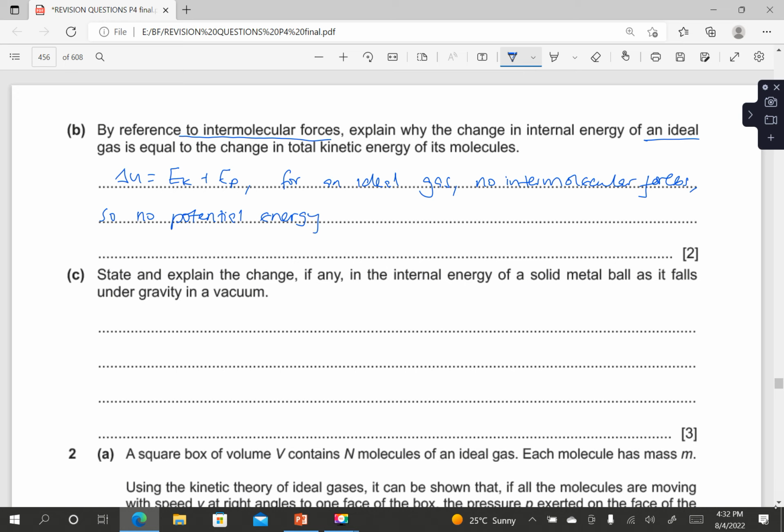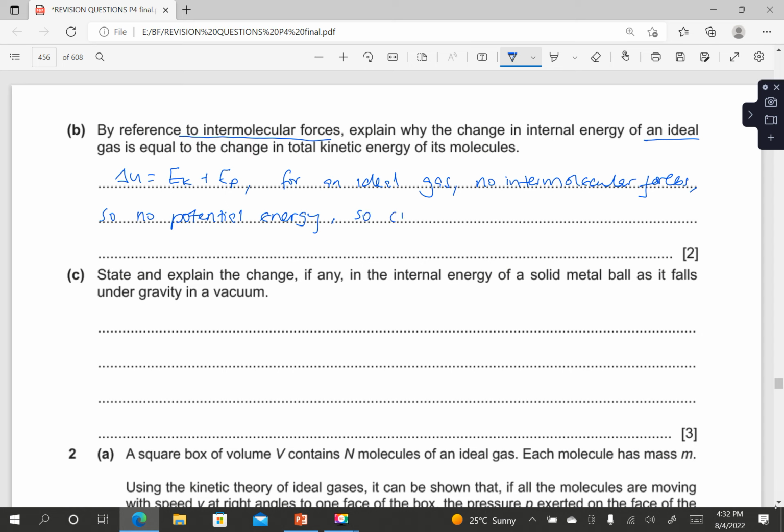If there exists no force between the molecules of a gas, then the potential energy does not exist. Therefore, it is only the kinetic energy which is directly proportional to the change in internal energy.